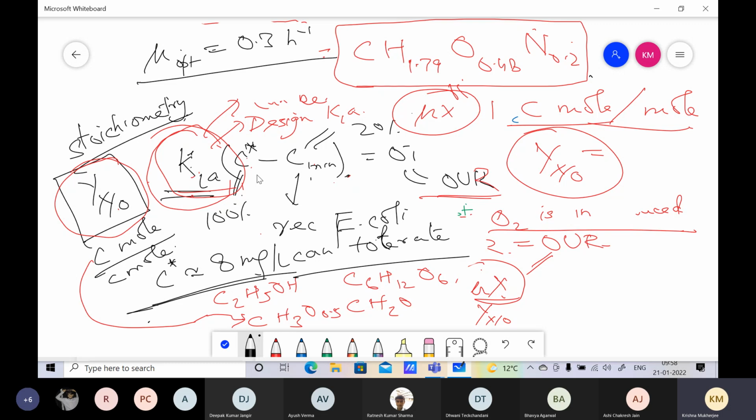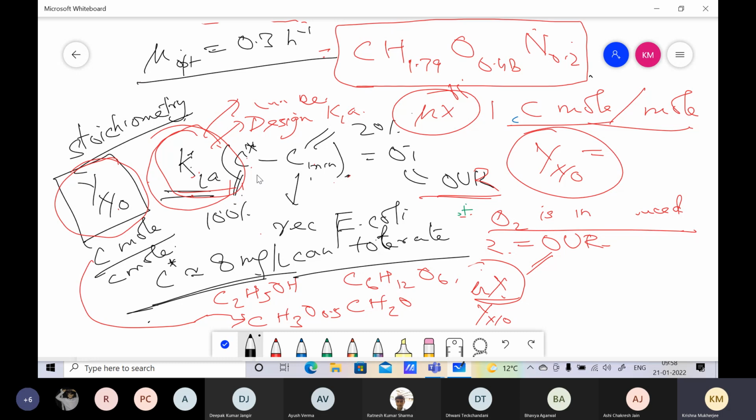I do not know whether you have done this kind of demand before, that I demand that this is the KLA, and that KLA demand really is determined by the demand for a certain mu and a certain X. The demand for mu not falling below 0.3 comes from the issue of recombinant protein production.